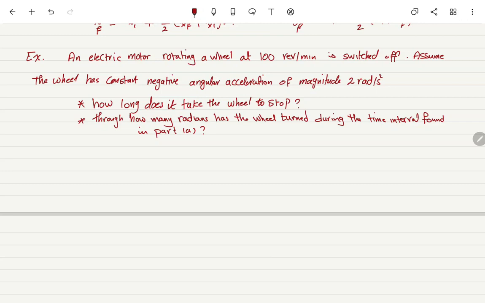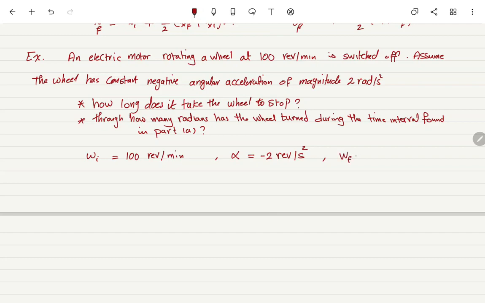Now, the initial angular velocity in this case is given as 100 revolutions per minute, and also given is constant negative angular acceleration. So alpha in this case is equal to minus 2 rad per second squared. And since the electric motor is switched off, the final angular speed for this motor equals 0.